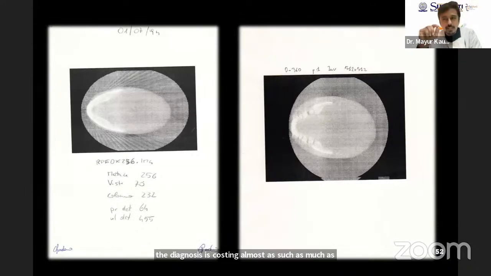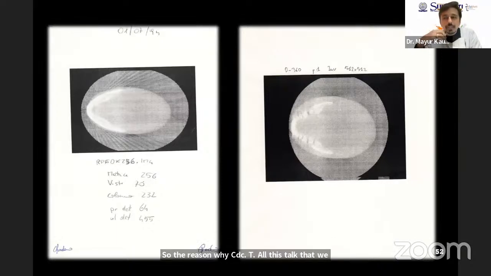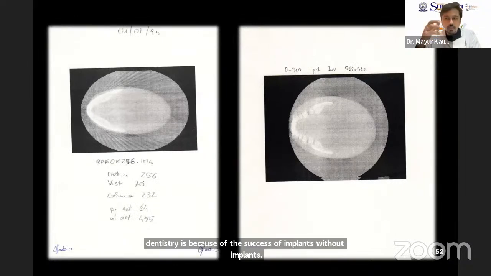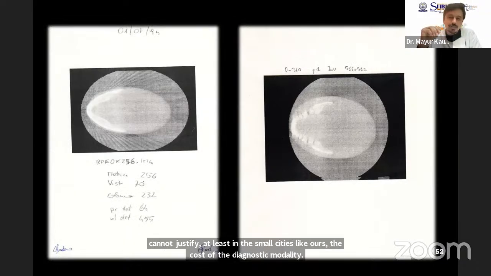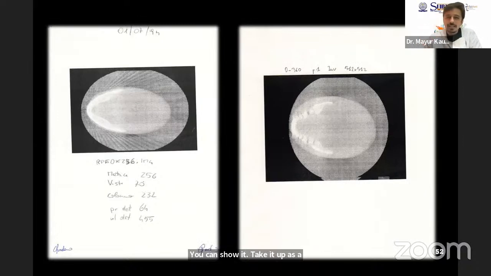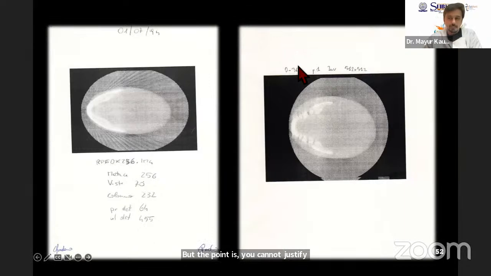So all this talk that we hear in dentistry about CBCT is because of the success of implants. Without implants, you cannot justify, at least in small cities like ours, the cost of the diagnostic modality. You can show it, take it up as a research thesis in a college, but you cannot justify it in a clinical setup.